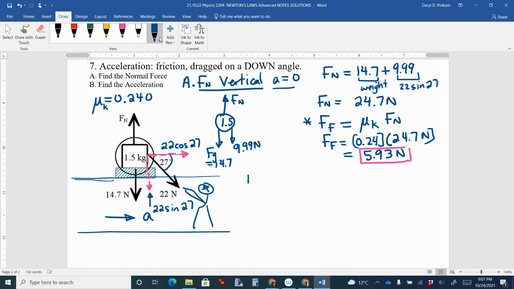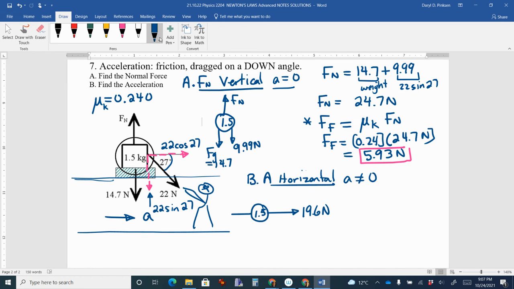In the second part, we're looking for the acceleration, and that's happening horizontally. Here the A is not 0. We actually have an acceleration going in this way. We have 22 cos 27, which is 19.6.